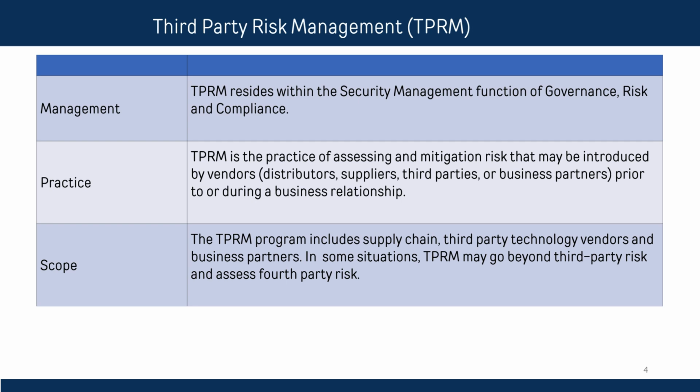So we have different components of third-party risk management. Usually management, practice, and scope reside within the security management group. It could reside in the risk or other groups, but usually it's in the security group. It's the practice of assessing and mitigating risk, and the program includes supply chain, third-party technology, vendor, and in some situations, TPRM, at the bottom right here, could go beyond third-party risk and assess fourth-party risk.